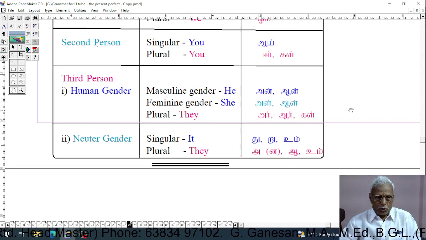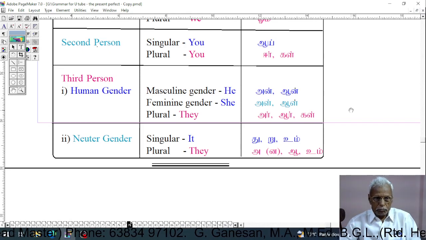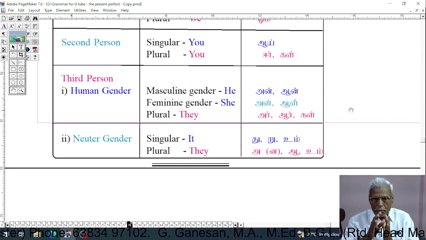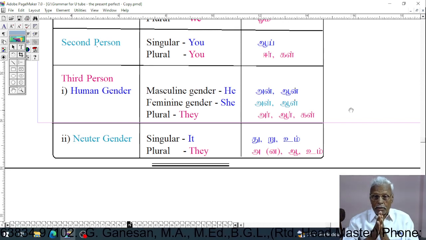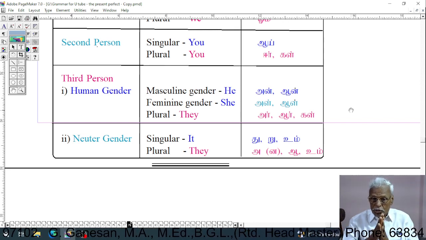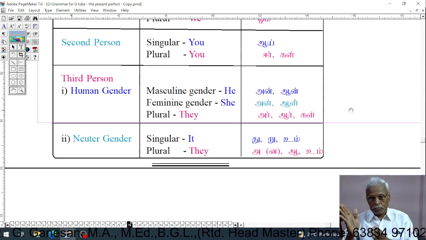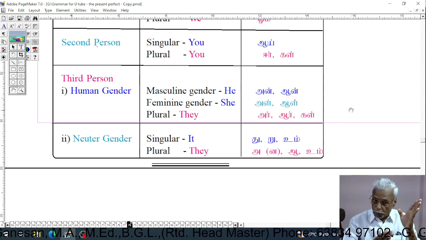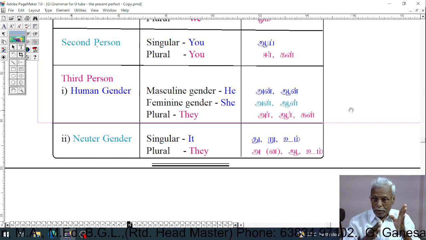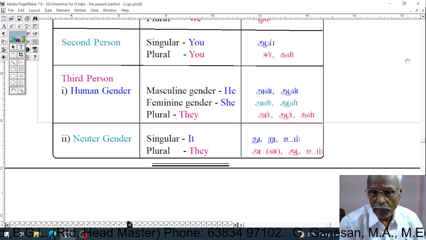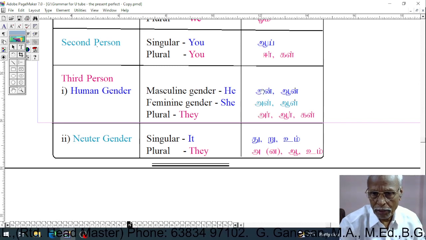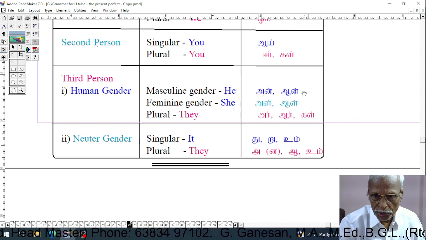And third person, human gender. Masculine gender, அன், ஓன். Feminine gender, ஆள், ஓள். Plural, human gender, they, ஆர், ஆர்கள். But ஆன், ஆள் are used only in poetry.